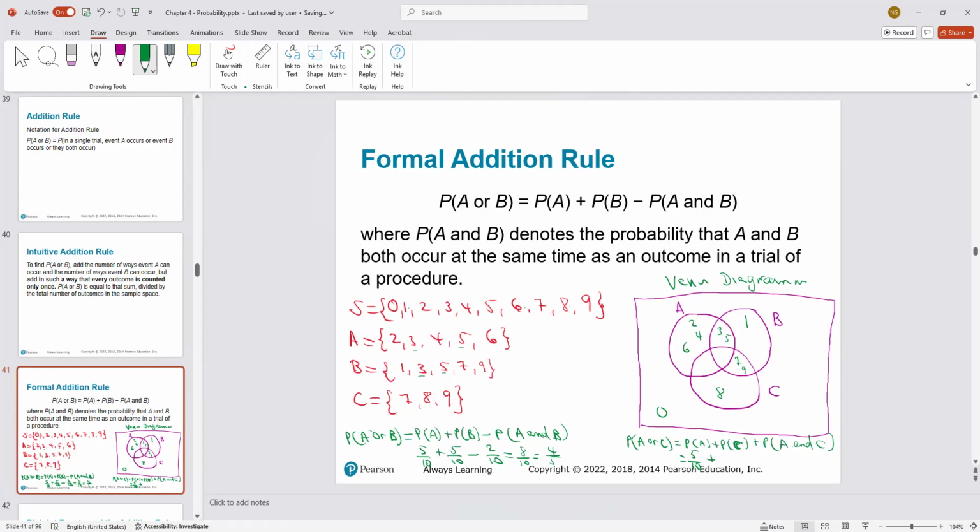How many elements in C? 3. Plus 3 out of 10. Now, how many you see in A, you also see in C. Well, I put plus, that should be minus. Sorry about that. That's minus.